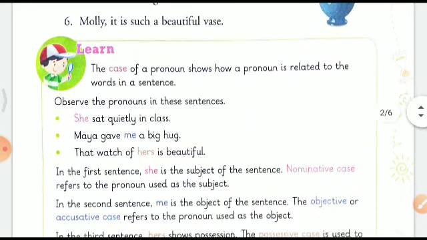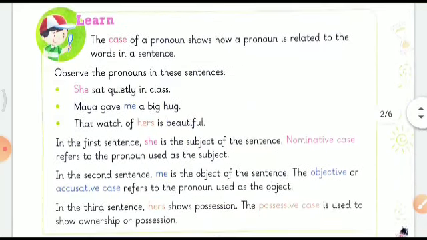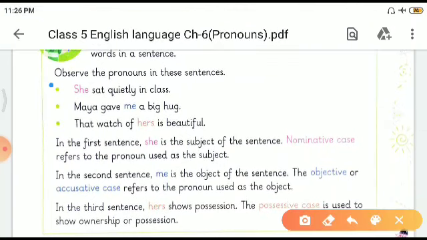In the first sentence, she is the subject of the sentence. Nominative case refers to the pronouns used as the subject. In the second sentence, me is the object. Maya gave me. Maya is the subject, so me is the object. The objective or accusative case.